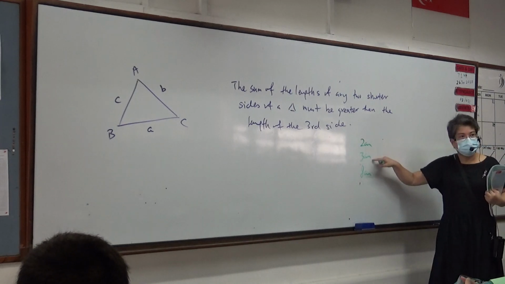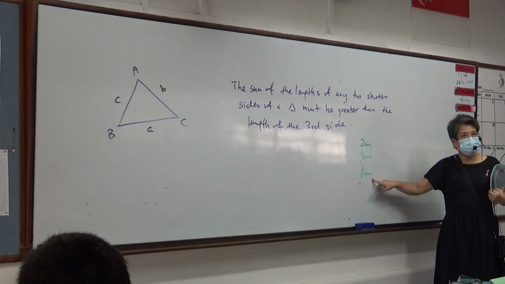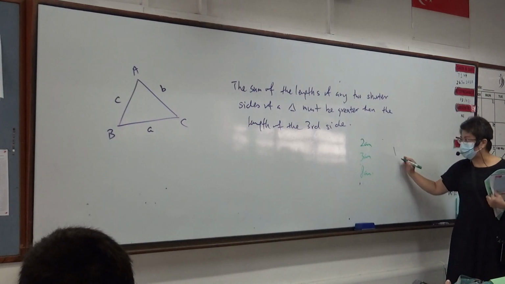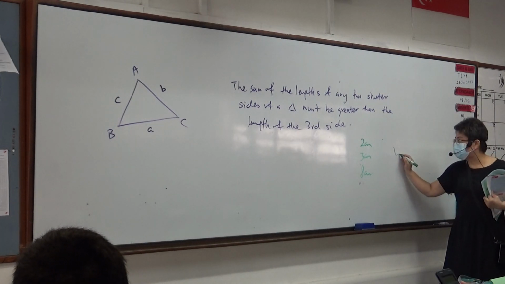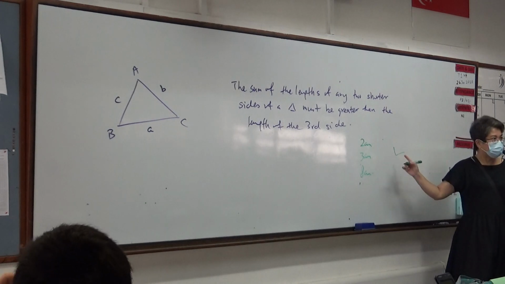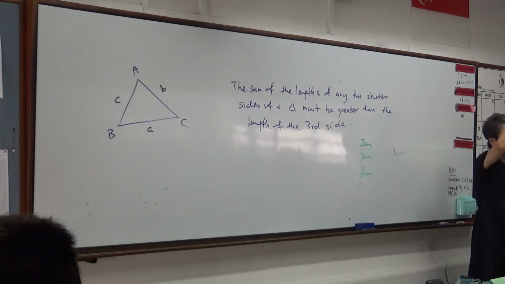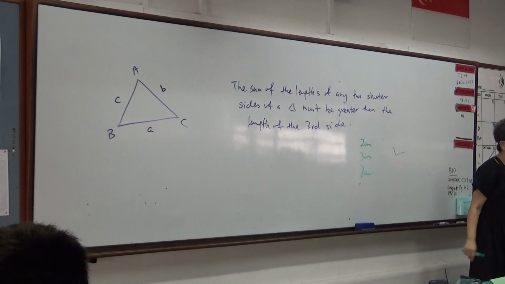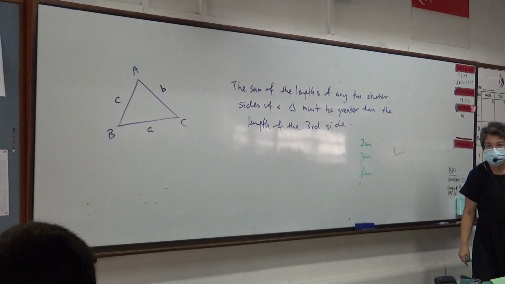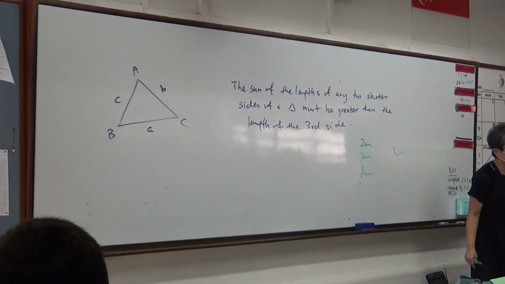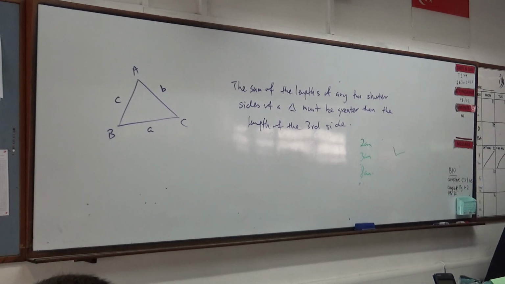These two add up to 5, and this one is 8. Cannot. So you see, 2 cm may be just like that, 3 cm maybe like that, depending on the angle. Then can you ever have 8 and it will cut? It will not, because it's not long enough to cut. Do you get what I'm talking about here? Alright, now another thing that you need to take note.